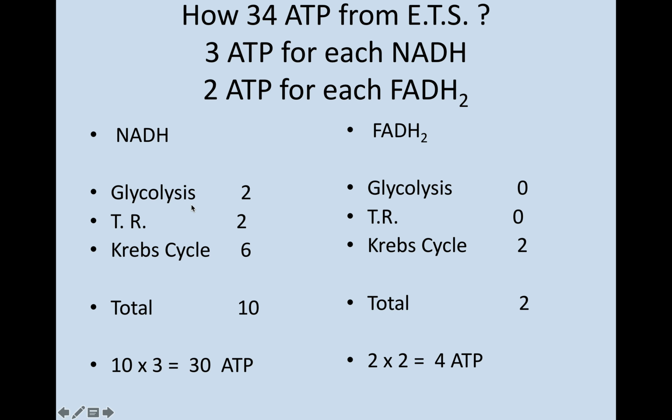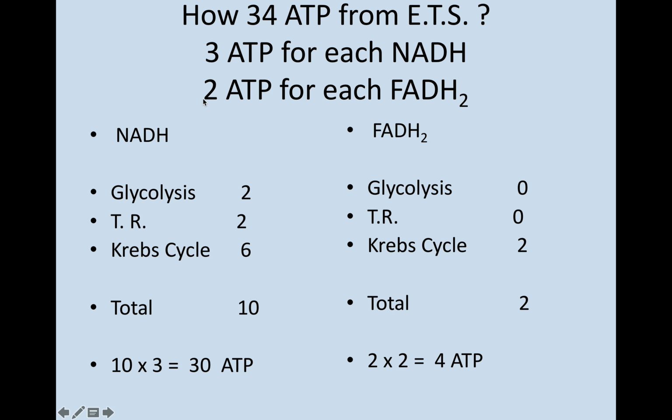So going back to how much ATP we create, from NADH we get 2 from the glycolysis, 2 from the transition reaction, 6 from Krebs cycle, for a total of 10. So 3 ATP per NADH, 3 times 10 is 30. For FADH2, we didn't get any until Krebs cycle.